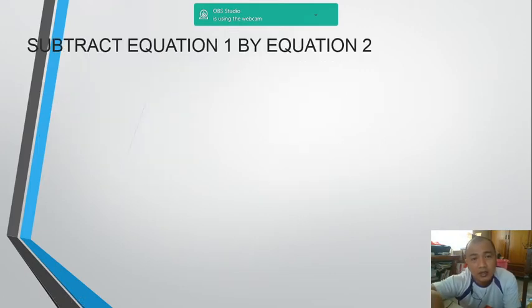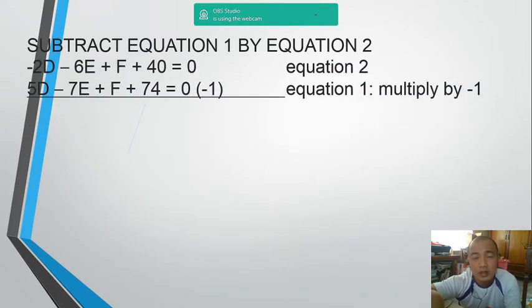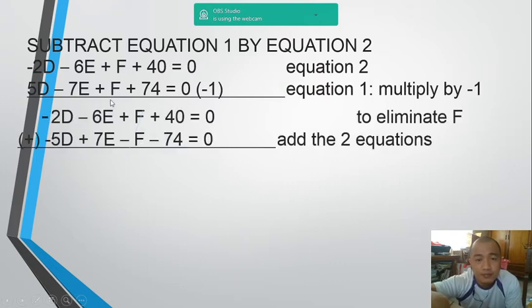Next step, subtract equation 1 from equation 2. I multiply -1 by equation 1 so that I will eliminate F. Then add the two equations. It became negative F in equation 1. Eliminate F, then add the two equations.